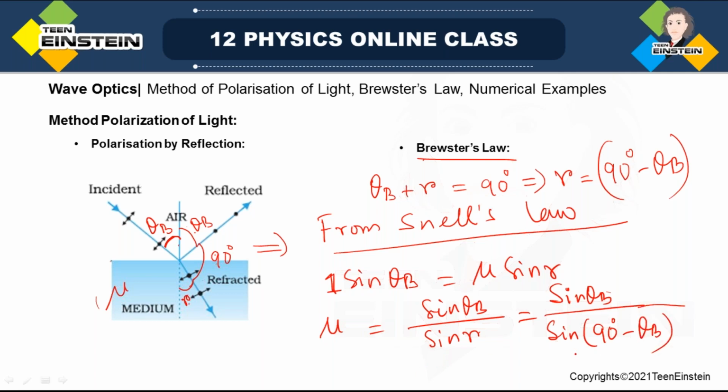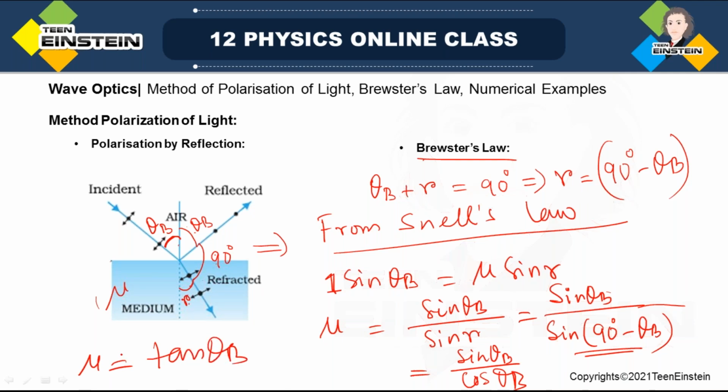From trigonometry, sine of 90 minus theta b is cos theta b. So this gives you mu is equal to sine theta b divided by cos theta b, that is, mu is equal to tan theta b.